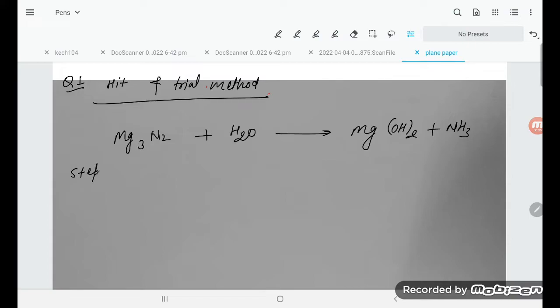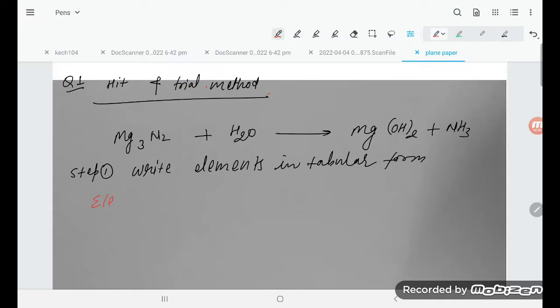Step number 1: write the elements in tabular form. So you see the elements here, students, and here we write LHS, and on this side we write RHS.